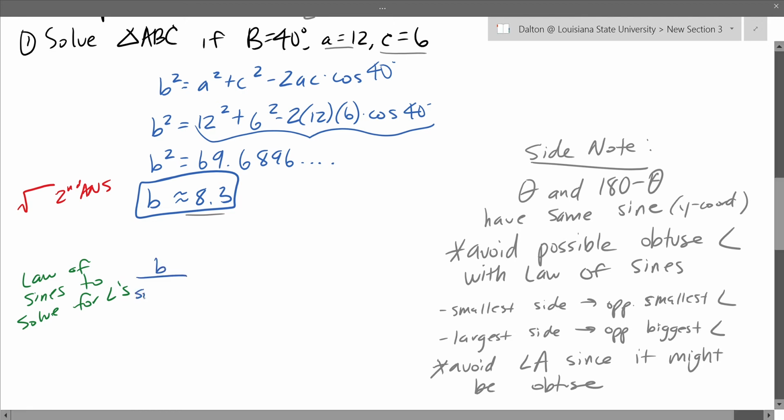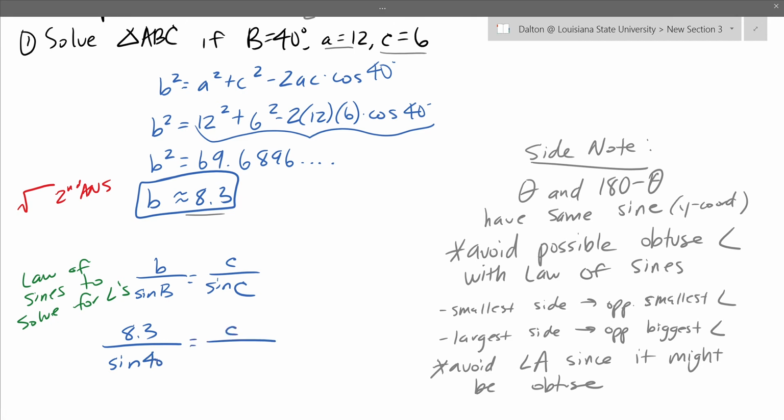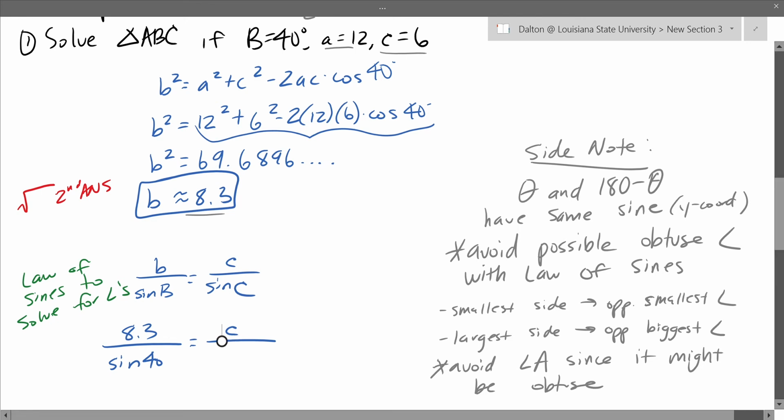B over the sine of B equals C over the sine of C. So side B we just solved for was 8.3, over the sine of angle B, which is 40, and that's going to equal C, which we know the value of is 6, over the sine of C, which is what we're trying to solve for.